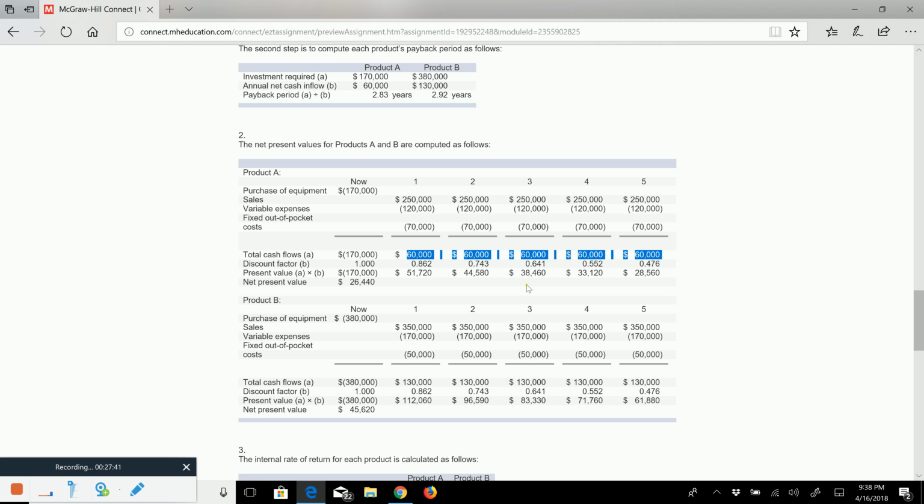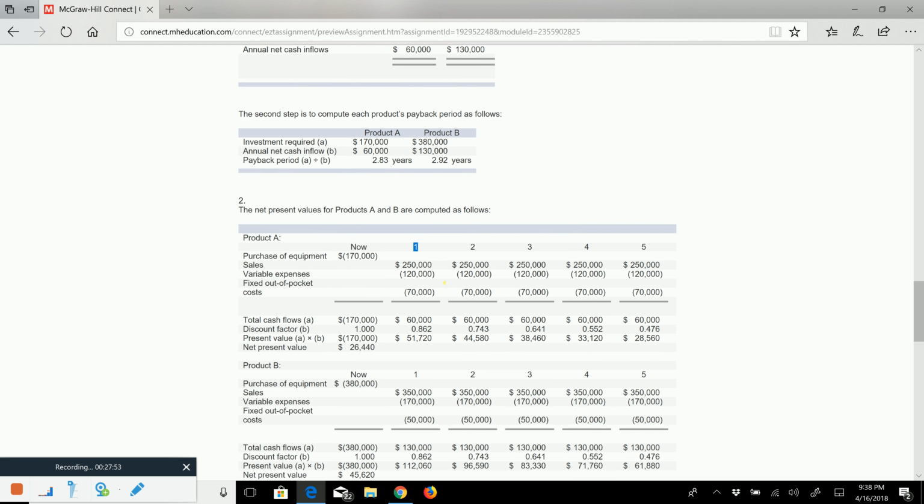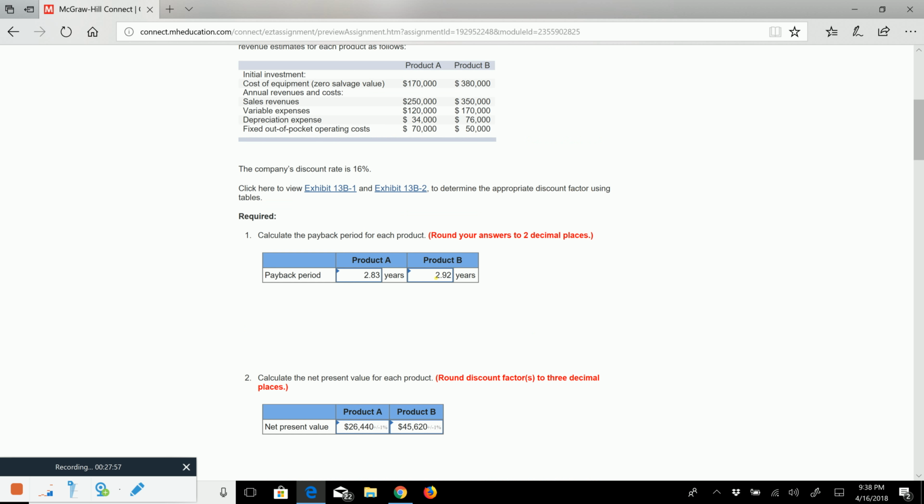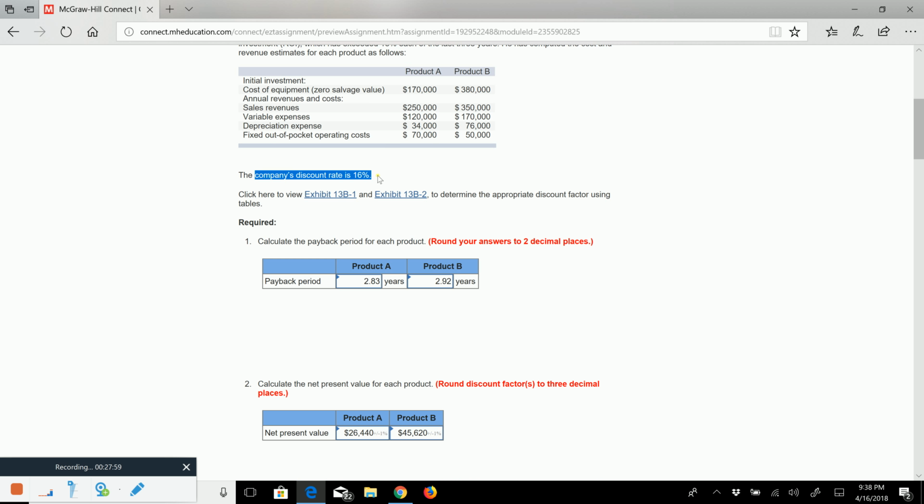However, we want to break it down to present value. So what we're going to do is use the present value of a dollar table, and we're going to go to period 1, which is row 1, and the discount rate that we're using. Let me come back up here and refresh my memory. There it is. It's 16%.